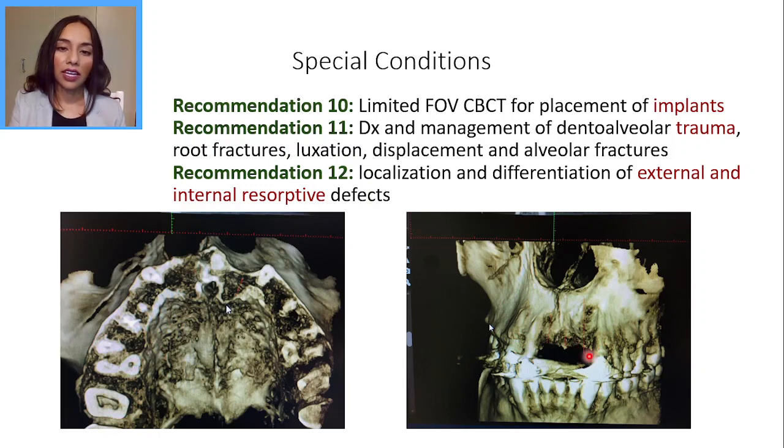And like I said, CBCT is not just useful in endodontics. It can be used in so many different aspects of dentistry, whether that be in oral surgery or periodontics. CBCT can really be a great tool.